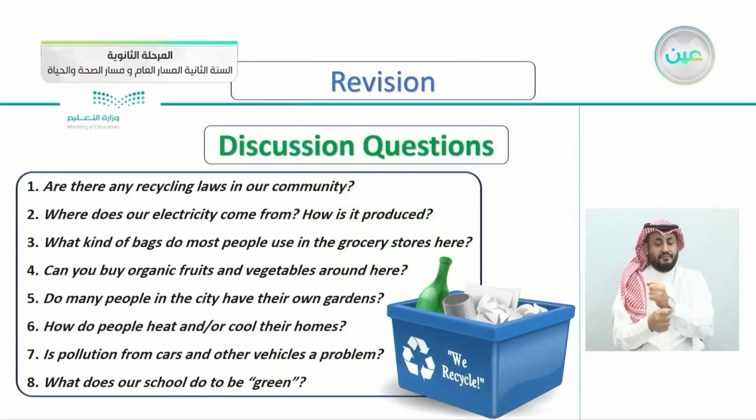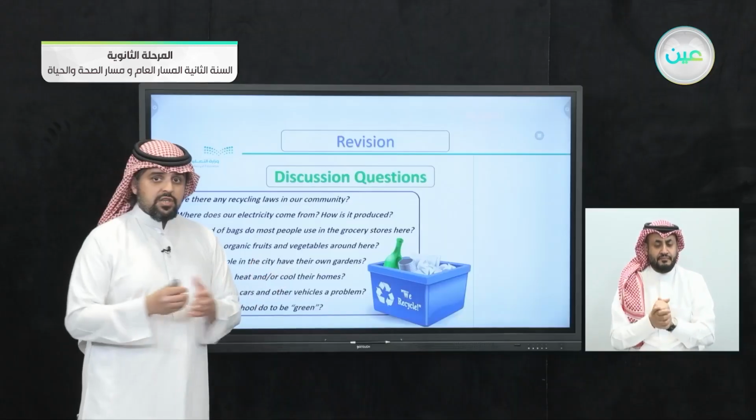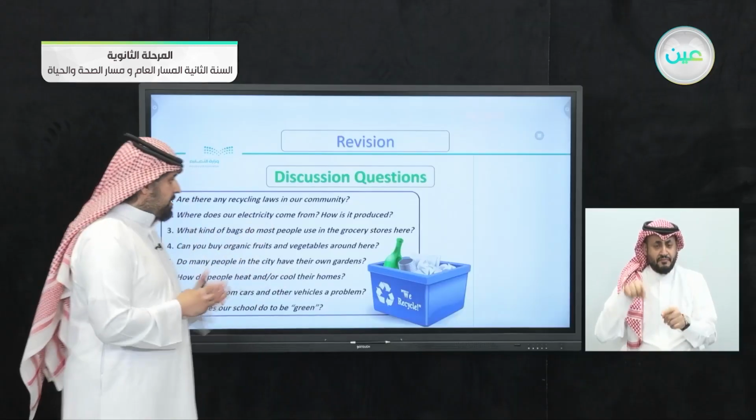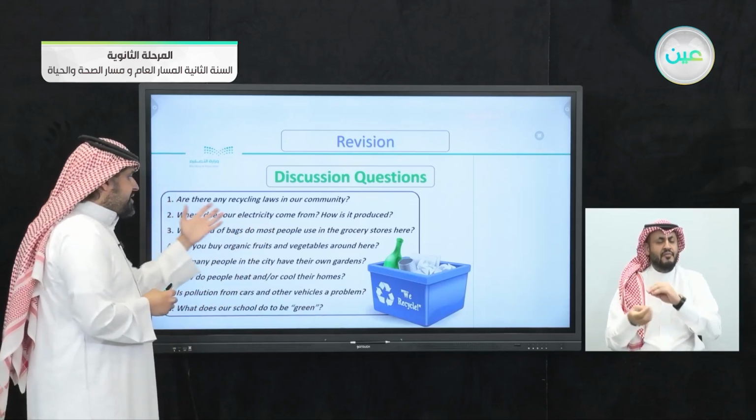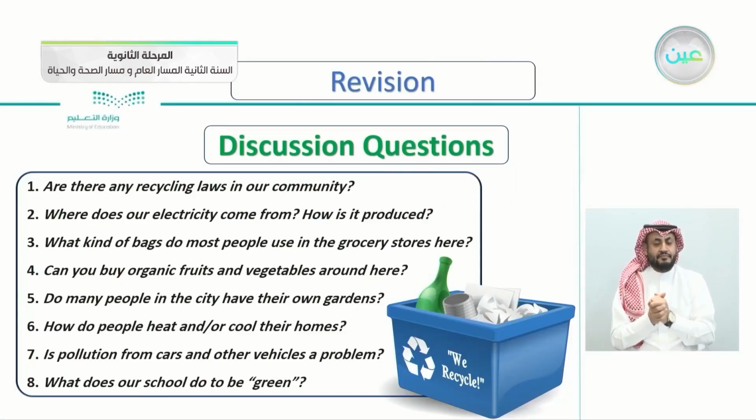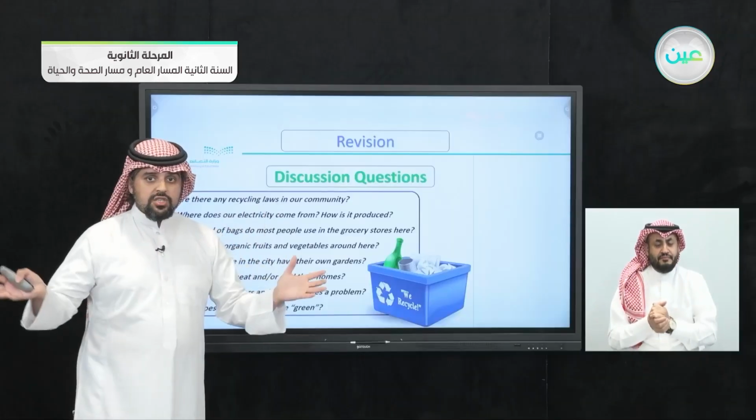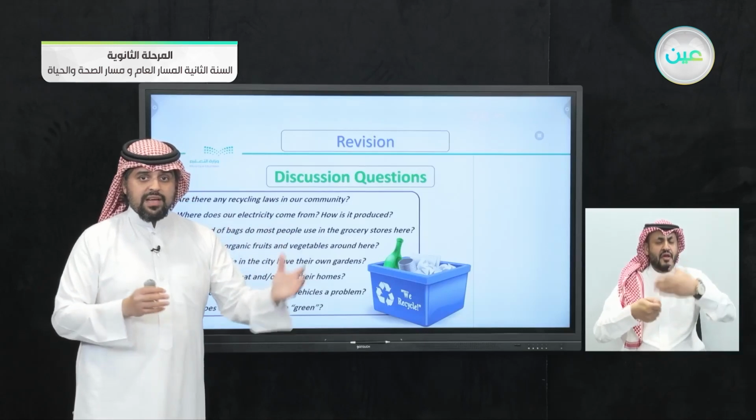Then we took some discussion questions here. If you remember the discussion questions regarding going green, are there any recycling laws in our community? Where does our electricity come from? How is it produced? What kind of bags do most people use in the grocery stores here? When you go to a grocery store, do you notice what kind of bags are common?